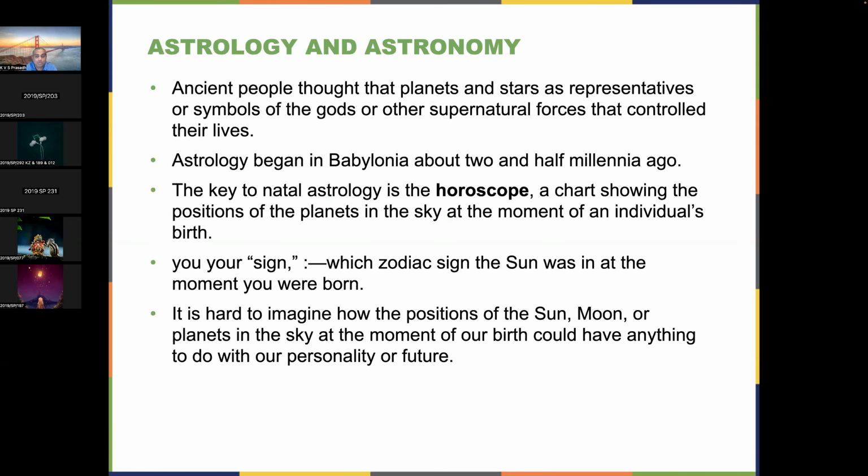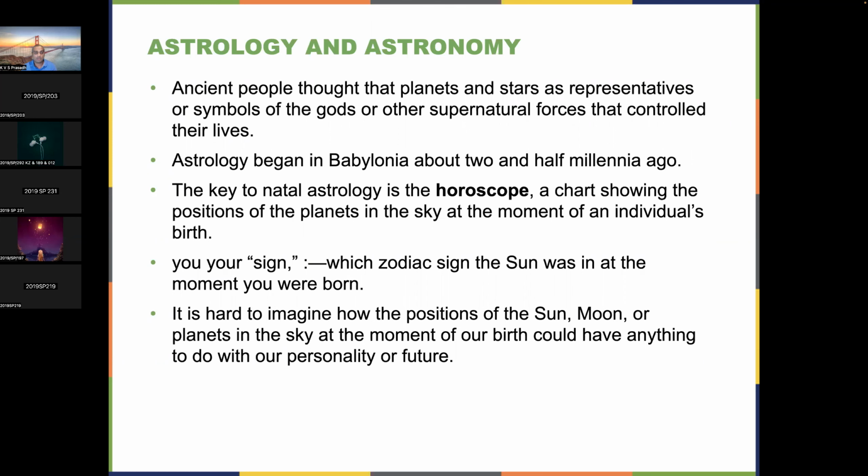However, this is the story behind the horoscope in a partially scientific view. Ancient people thought that the planets and the stars are representatives or symbols of the gods or other supernatural forces that control their lives.